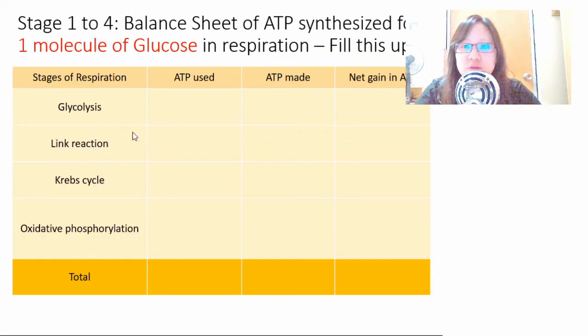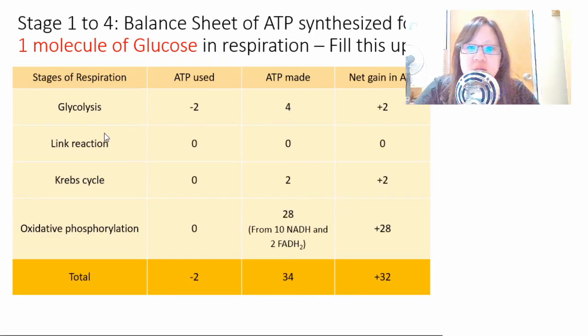Okay, I hope you filled the tables up. Now let's look at the answers. In glycolysis, 4 ATP were made but 2 were used. There is a net gain of 2 ATP in total. Since this is a balance sheet for one molecule of glucose, the Krebs cycle has turned two times, and therefore 2 ATP is made.